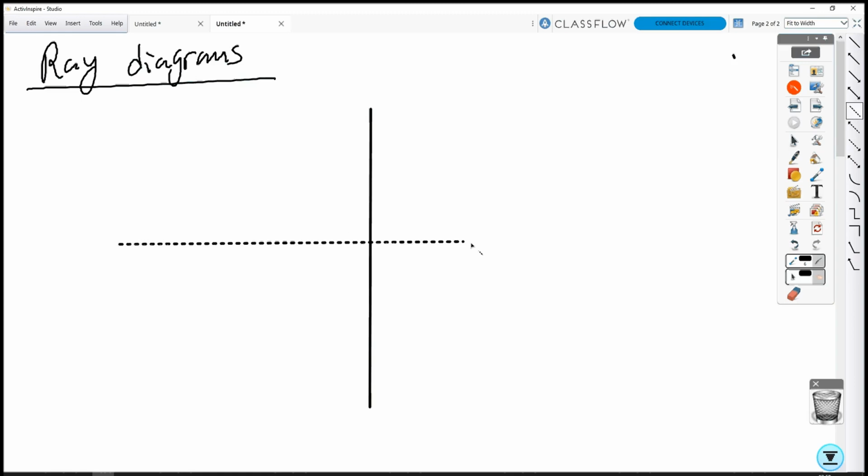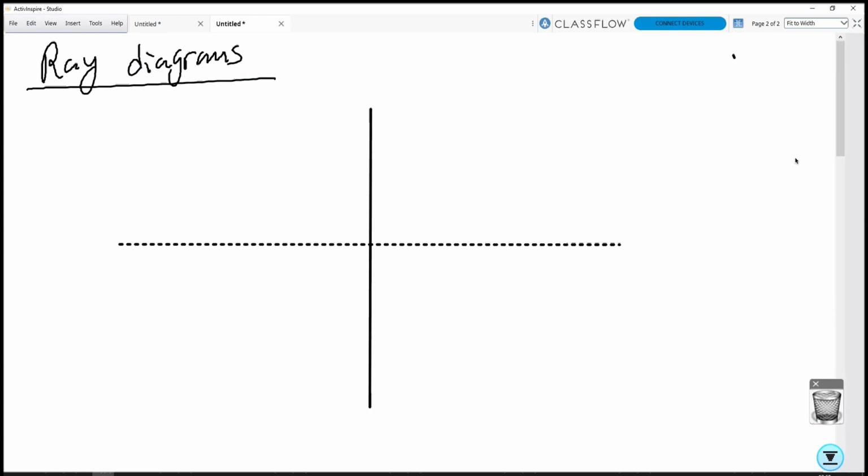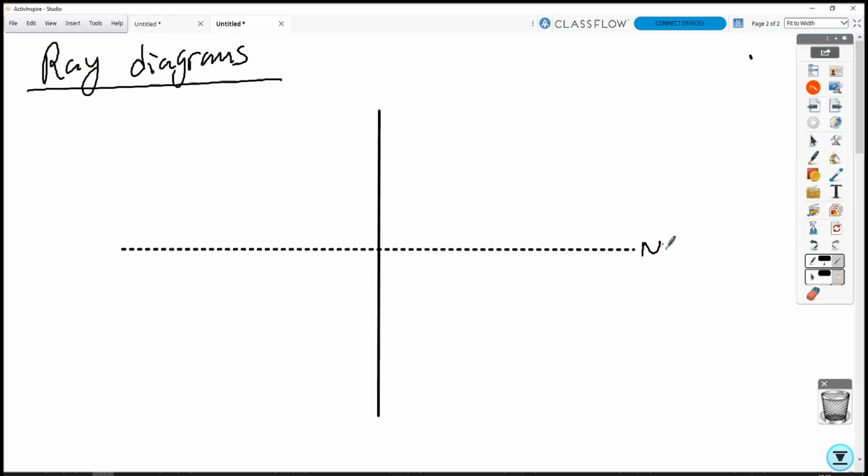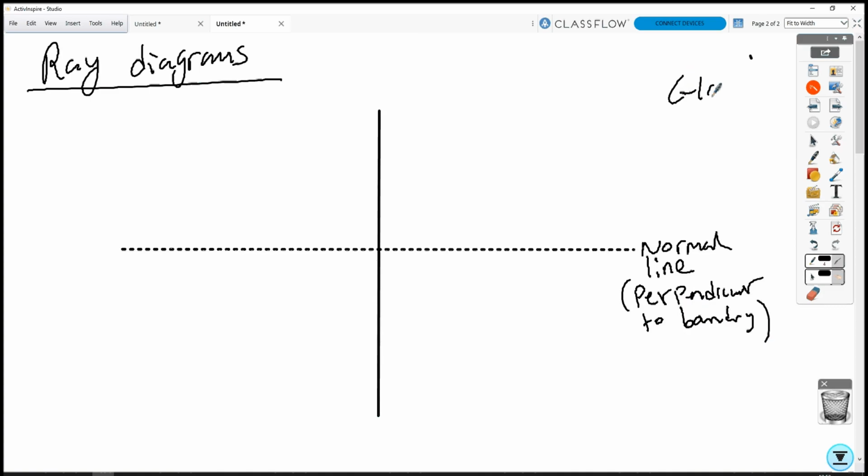And we draw the normal perpendicular to the surface of the boundary. So this is the normal line, and it's perpendicular to the boundary. This side is glass. This side is air.